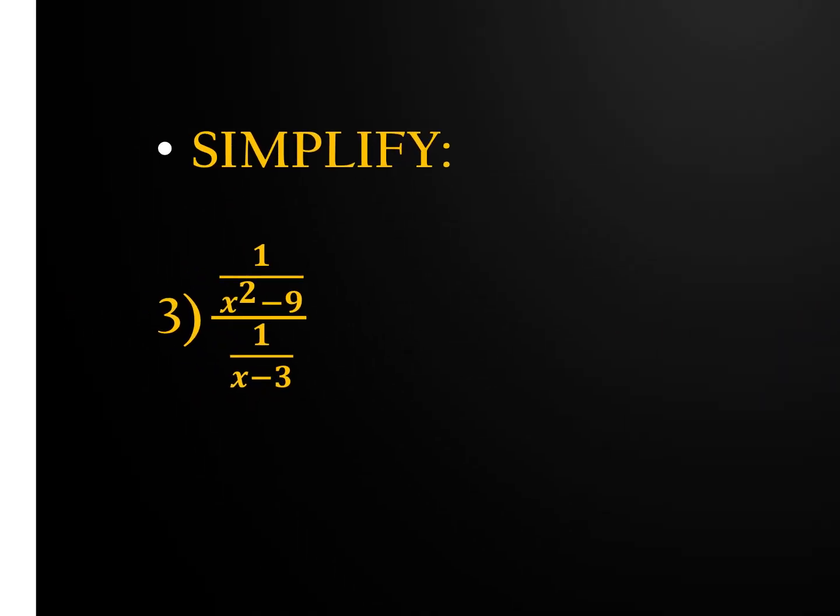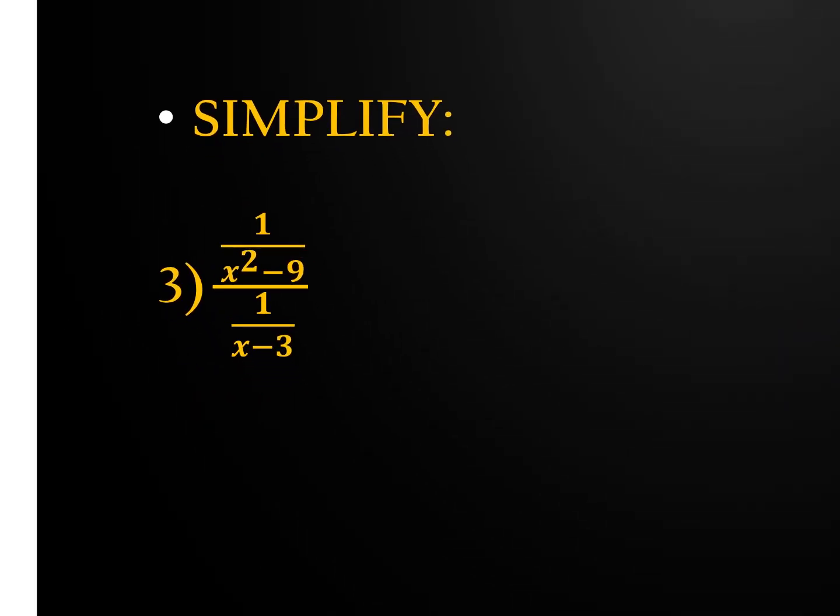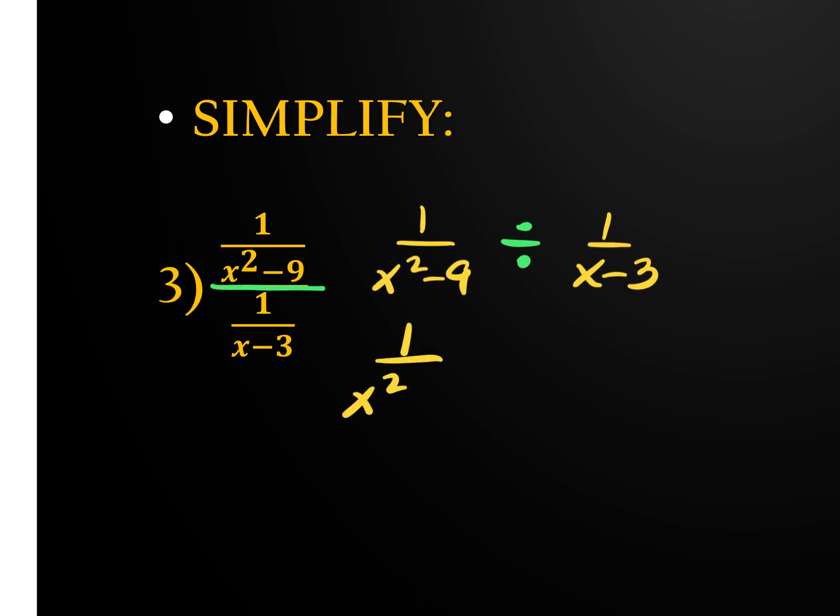So for example 3, same thing. I've got my main fraction bar here. So all I'm doing here is 1 over x squared minus 9 divided by 1 over x minus 3. I'm just going to do keep, change, flip. So I'll keep the first fraction the same.